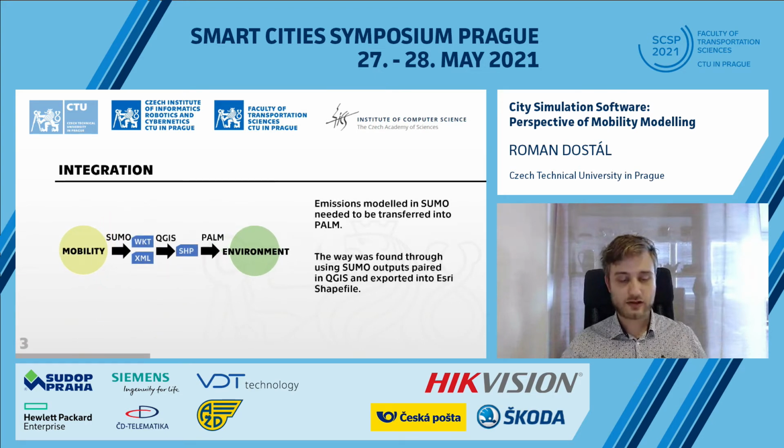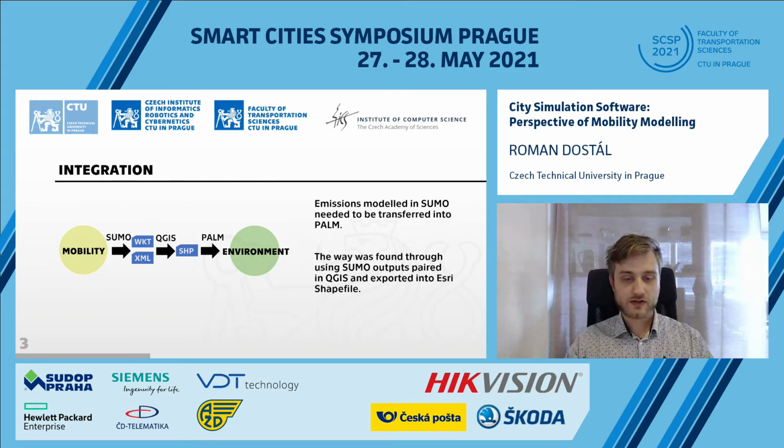Now, the integration of mobility and environment was done first by modeling everything in SUMO, which includes creation of the infrastructure, creation of OD matrices, inclusion of driver behavior, inclusion of vehicle mix, and other things as well, of course. And the outputs of the modeling in SUMO were in well-known text format for the infrastructure and XML for the values that are modeled in SUMO.